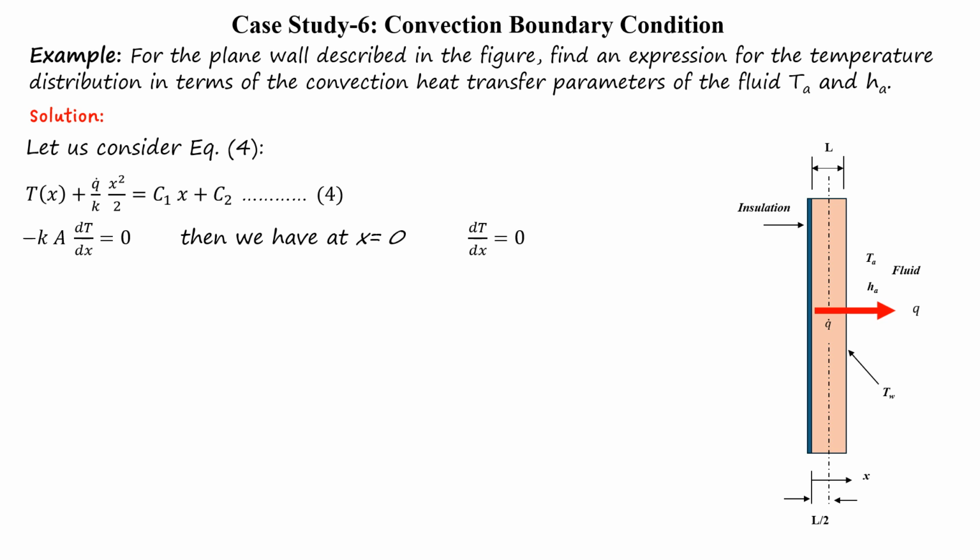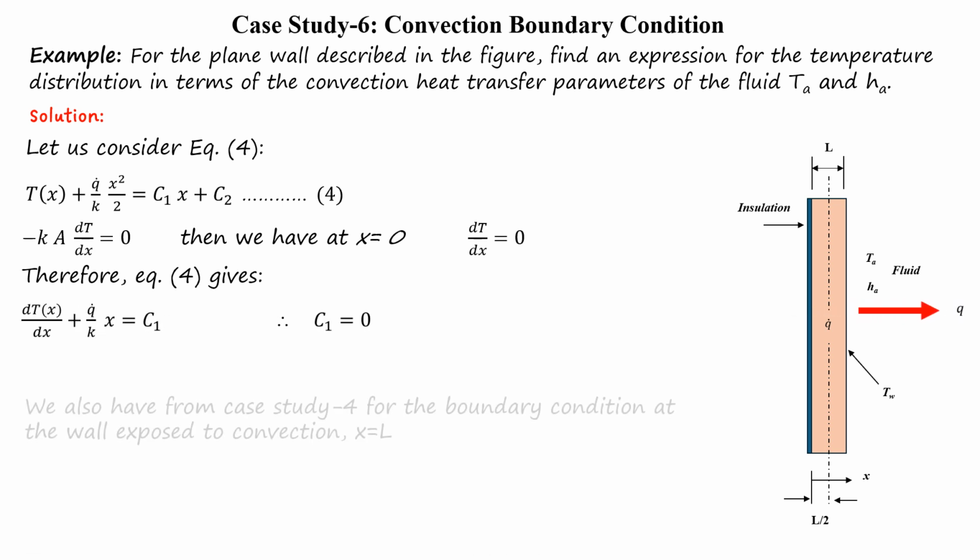We have boundary conditions for the insulated side of the wall: q equals minus k A dT by dx equals 0, which gives dT by dx at x equal to 0 equals 0. If we apply this boundary condition in equation number 4, we get c1 equal to 0.